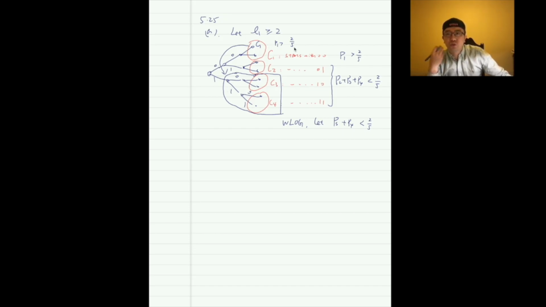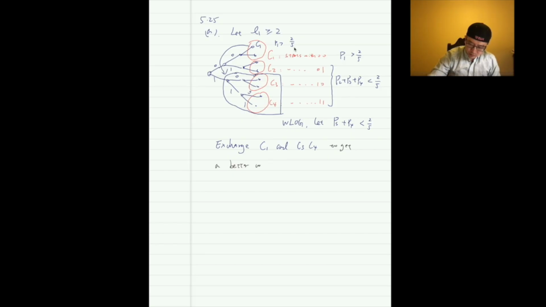Therefore, we reduce the code word length, so that will lead to a contradiction. So we exchange C1 and C3, C4 to get a better code, and then we have a contradiction.